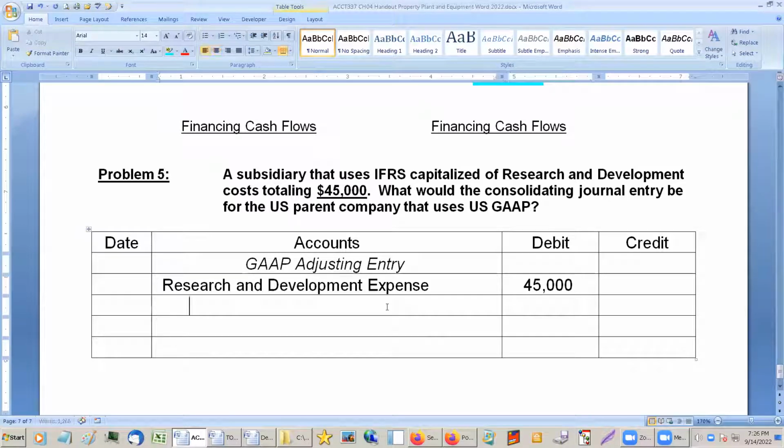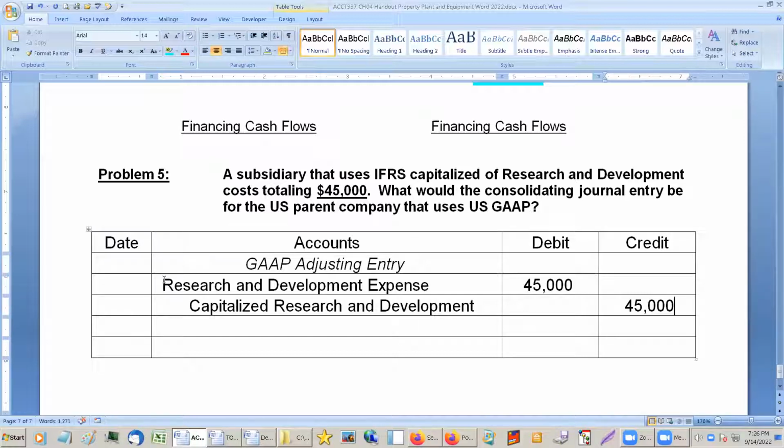And whatever the intangible asset is, whatever they call it, capitalization, it could be some kind of intangible or whatever it is they're working on.